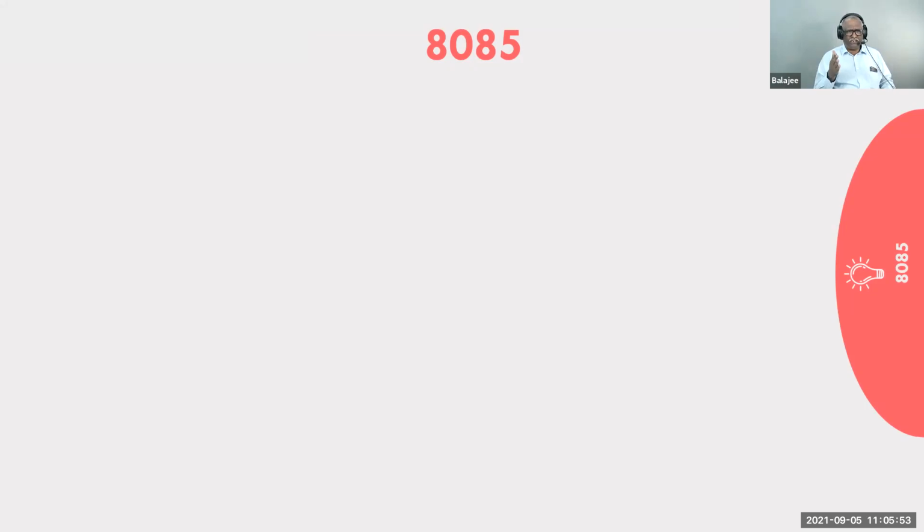And the second one is after the assembler. Normally we think we are going to create the microprocessor only in silicon. But you are going to create an 8085 in software. That is called simulation. That means your software will act as an 8085 microprocessor.